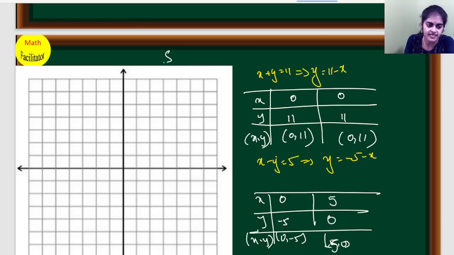Now let's write the scale. Scale on x-axis: 1 centimeter equals 2 units.